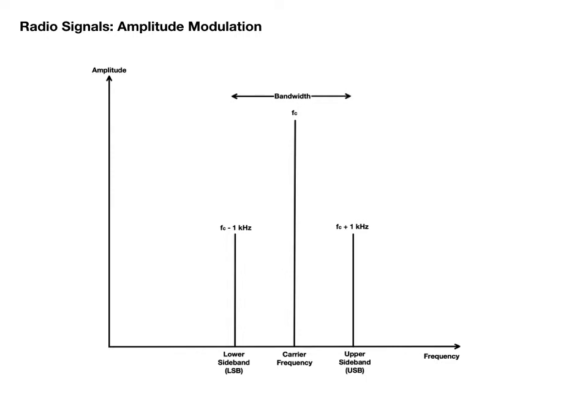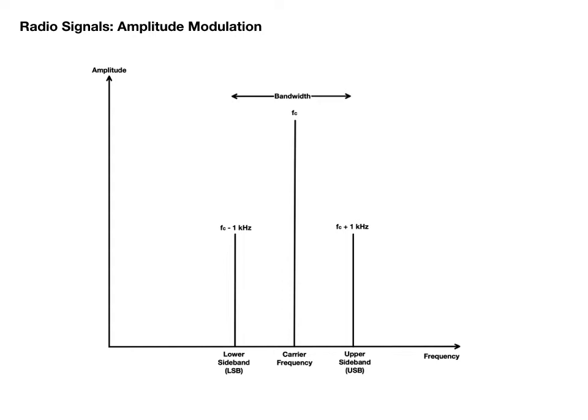In the process of amplitude modulating a carrier signal, a transmitter also generates two sidebands, an upper sideband and a lower sideband. The frequency of these sideband signals varies as the frequency of the modulating signal varies.